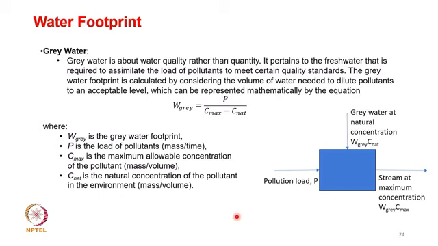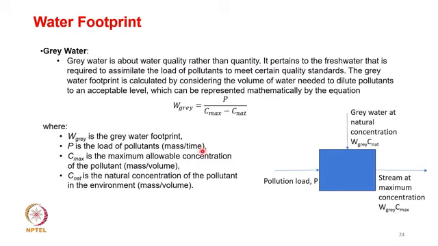Grey water is not about the water type, it's about the water quality. It pertains to the fresh water that is required to assimilate pollutants so that the quality standards can be achieved. The grey water footprint is typically calculated by considering the volume of water that is needed to dilute the pollutants to an acceptable level, which can be represented by an equation as a ratio of P to the difference of Cmax and Cnat.